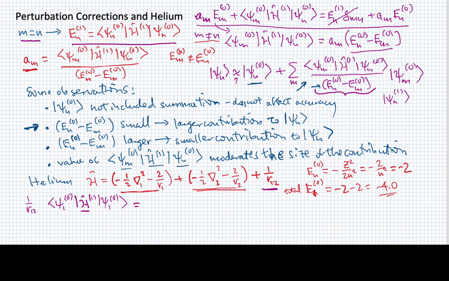When we do this calculation, we find that this is equal to 5/4 for this problem, or 1.25. So now if we add that to this, we would find that to first order, the energy level is roughly equal to -4 plus 1.25, or -2.75. Well, that's one possibility.